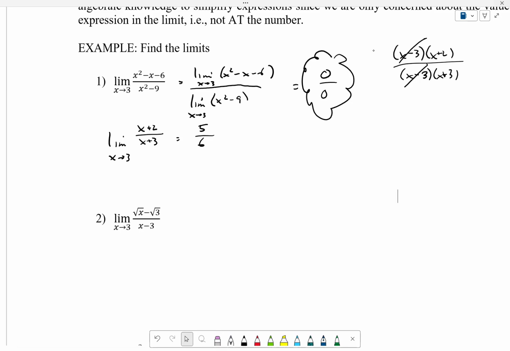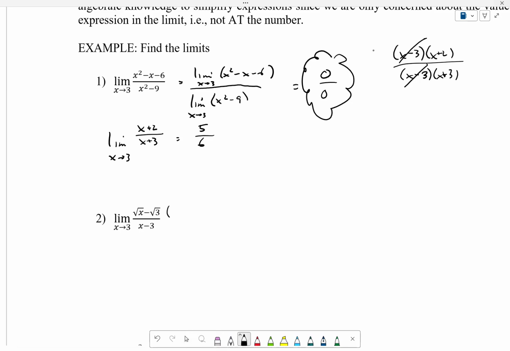Any other ideas? When you're changing a fraction, you could only multiply by 1. What's that? X minus 3 over x minus 3. X plus 3. These are good ideas.